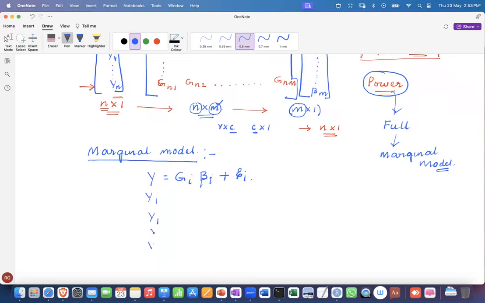The phenotype will still remain the same. It will run across for all the individuals. Now you have the genotype here. Now, when we are talking about the genotype here, it is the genotype of the first individual for the first SNP, genotype of the second individual for the first SNP, genotype of the third individual for the first SNP.